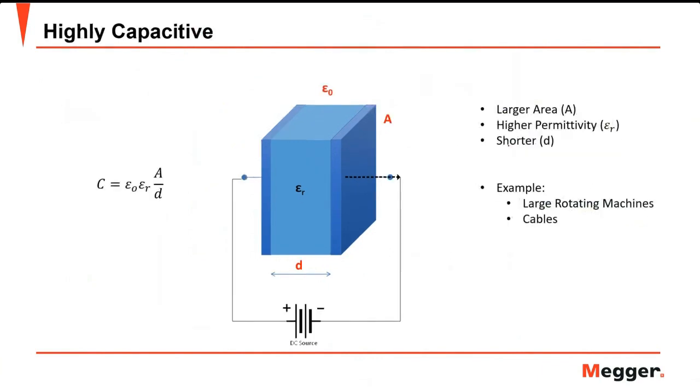Looking at this formula, capacitance is multiplied by the relative permittivity multiplied by the free space permittivity, area over the distance. Remember in the previous slide, we have the geometric capacitance, right? So this is the permittivity of free space divided by the distance.